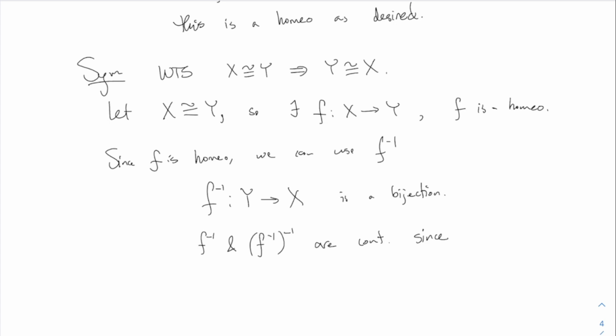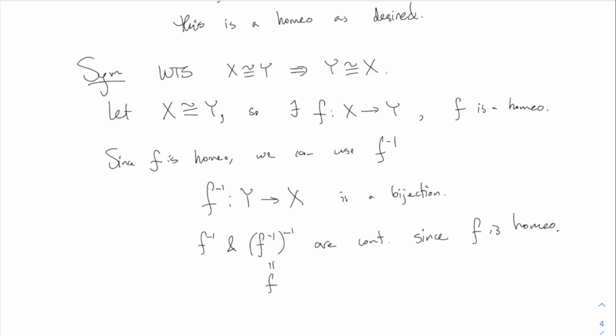Since we already said F is a homeomorphism, that means F inverse is continuous. What about F inverse inverse? That, my friends, is F. These are continuous since F is a homeomorphism.